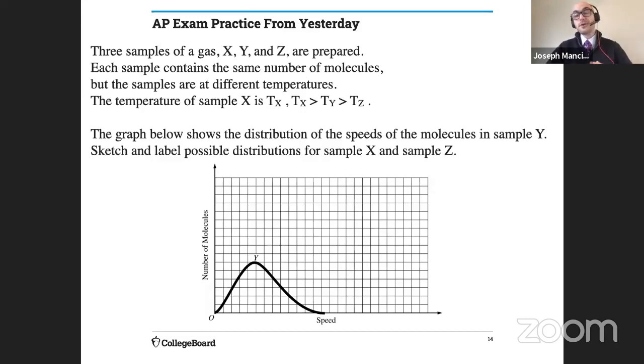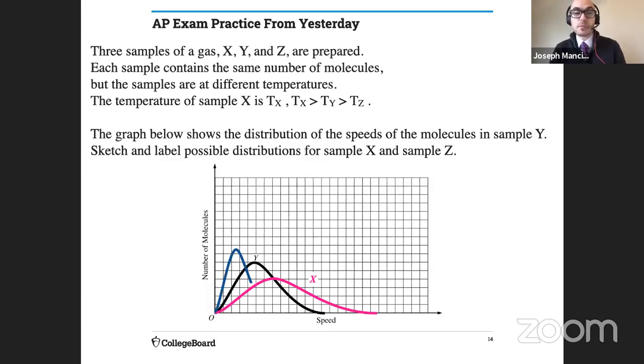That means that the area under that curve for another line would be the same as the area under the curve for sample Y. So here's what I drew for sample X. It is a curve with a peak that is shifted right and also a curve that is shifted down. I thought that area looked about the same.